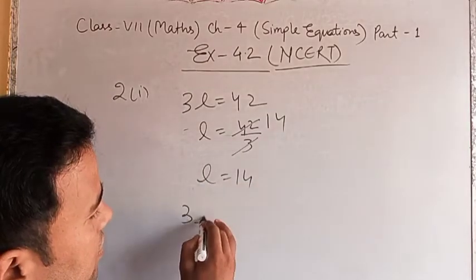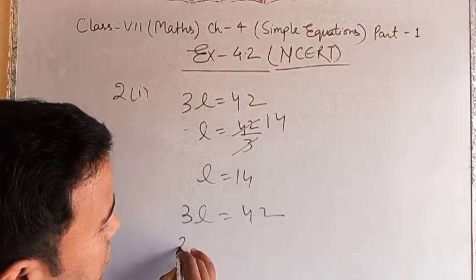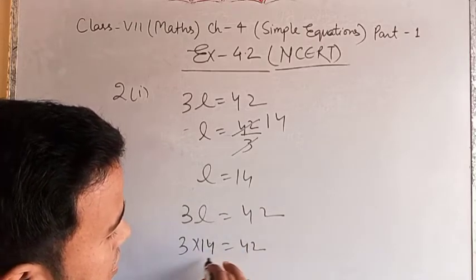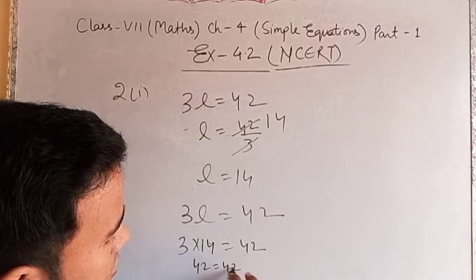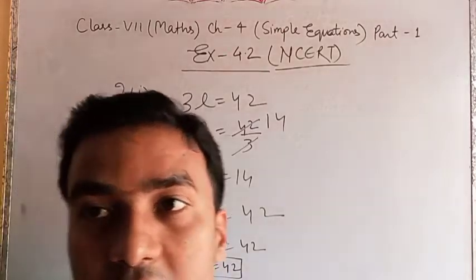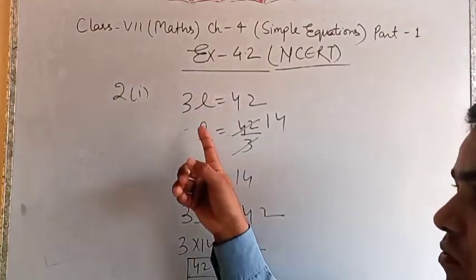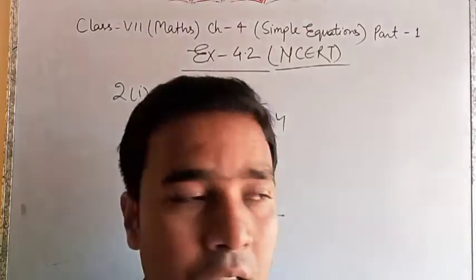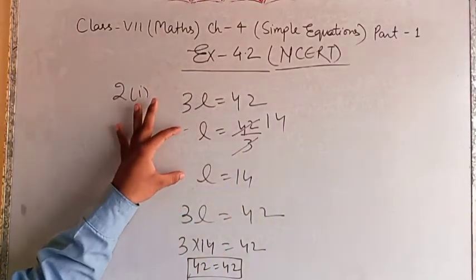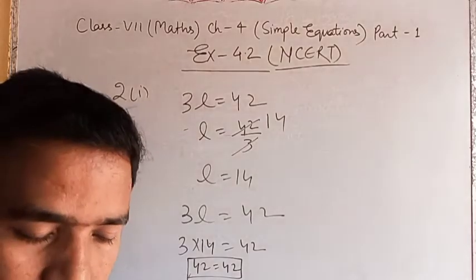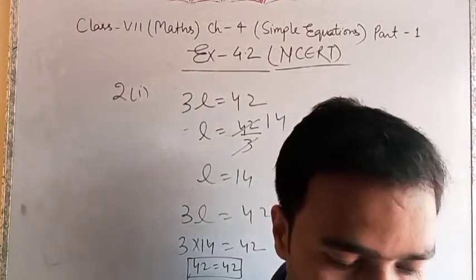Clear? 3L equal to 42 means 3 into 14 equal to 42. In L's place which number will you take? 14. How will you know? You will find it from this. You can know that 3L equal to 42, then divide by 3. Note down this.